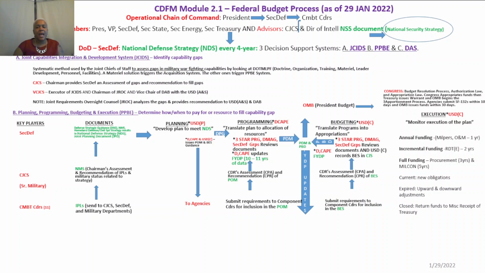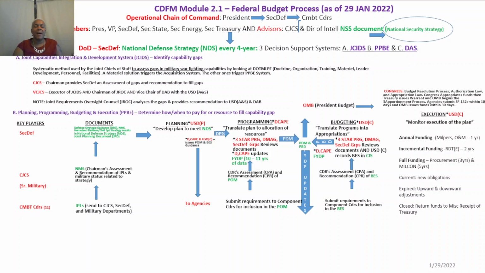The second thing that happens, on the Office of Management and Budget side, OMB begins the apportionment process. So what happens is the agencies, like DOD, have to submit an SF-132 document to request the defense budget from the Office of Management and Budget.